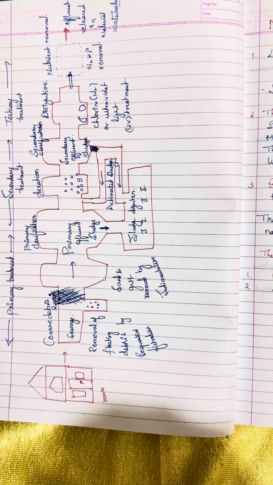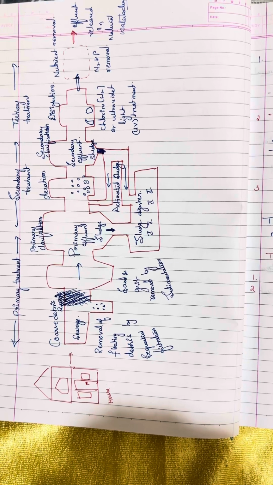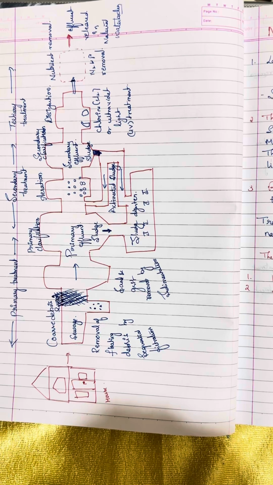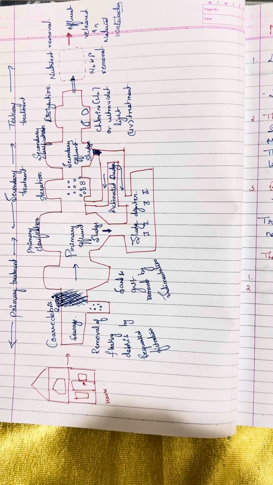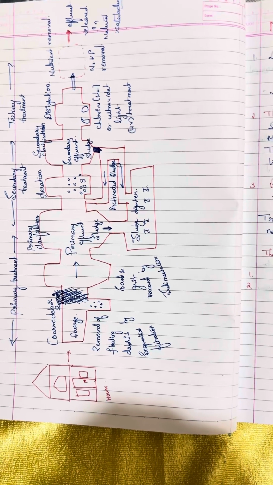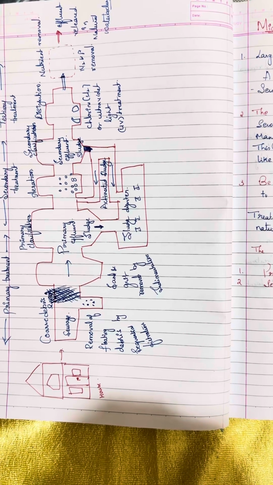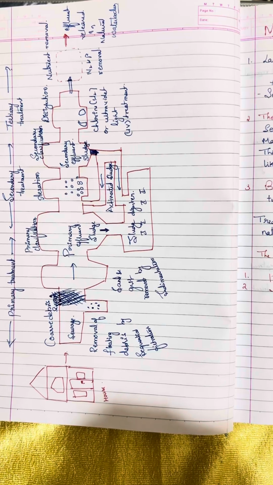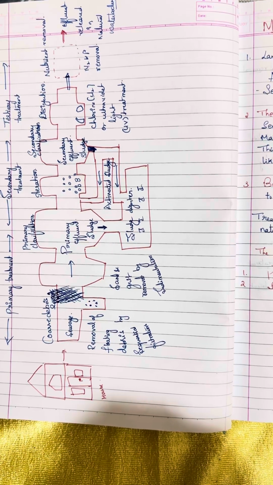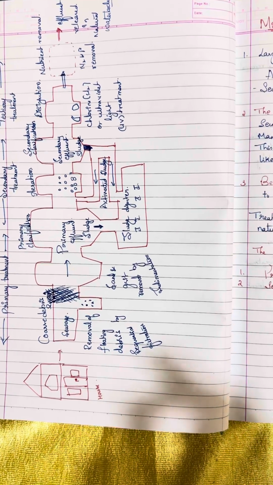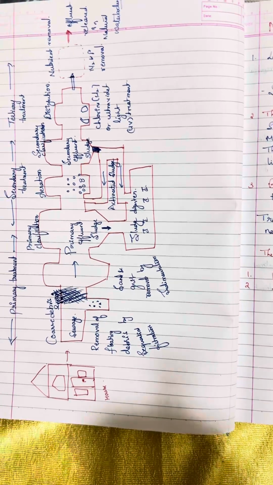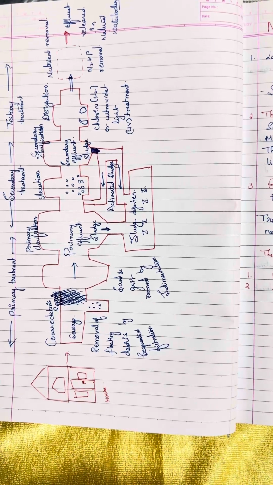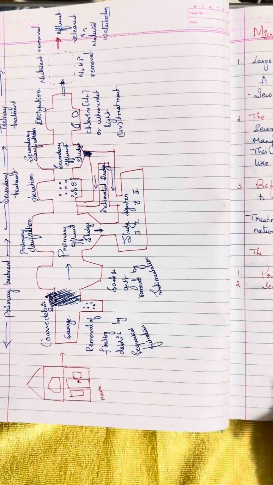If possible it is sent to tertiary treatment, where chemicals like chlorine and ultraviolet radiation treatment are applied, and then it is sent directly to the homes. So from the homes, the excreta goes to primary, then secondary, then tertiary, and then back to the home. That is how we recycle the water without damaging it, and make it useful.